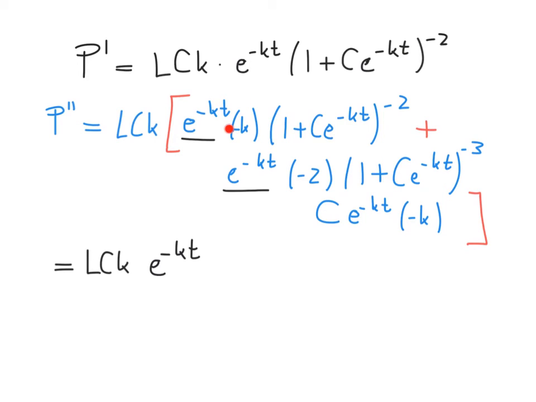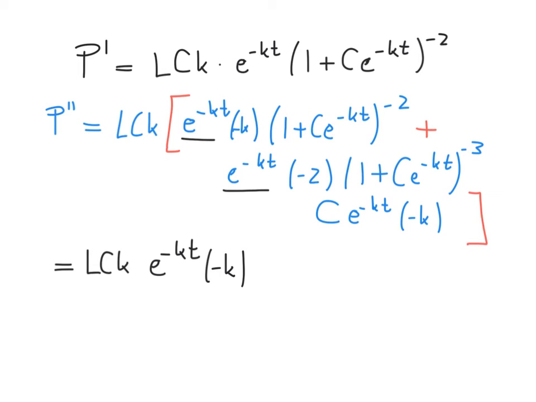And we also see we have a minus k here and a minus k over here. So we can also bring that out now. So we have minus k, right? And then we see we have a minus 1 plus c e to the minus kt to the minus 2. Here we have the same term but minus 3, but we can bring the minus 2 one out.